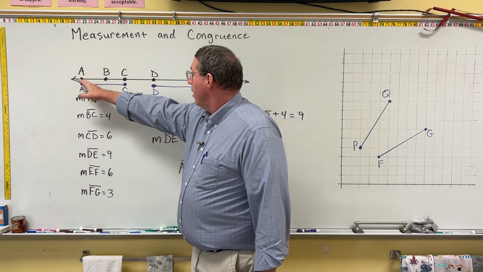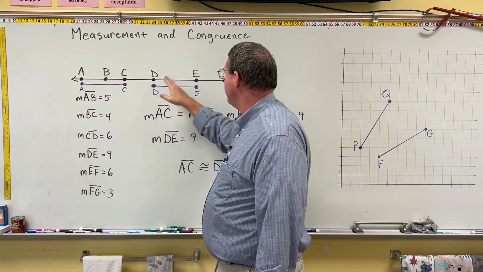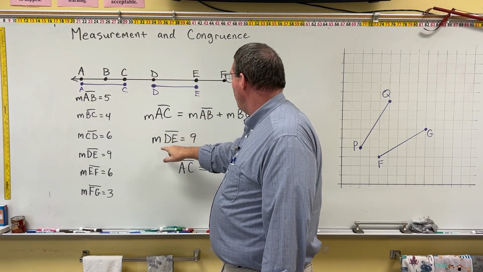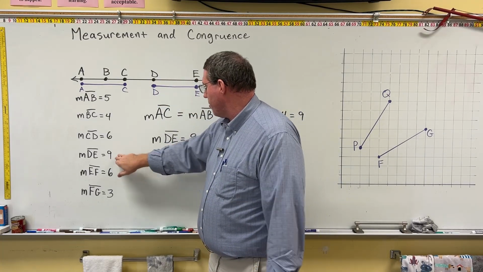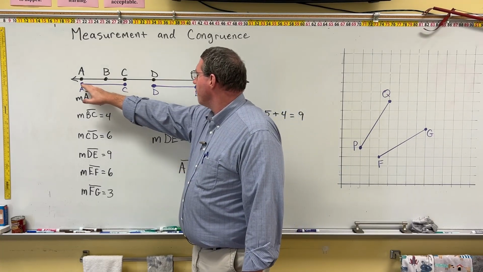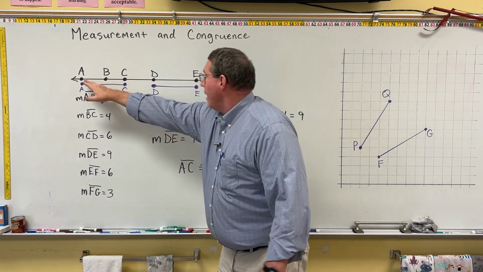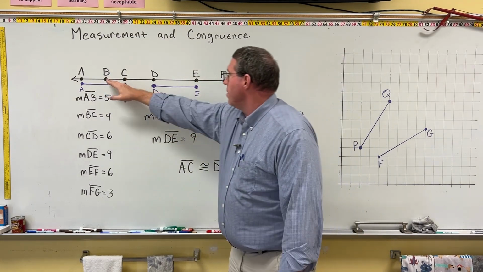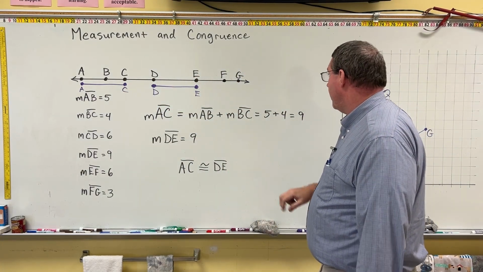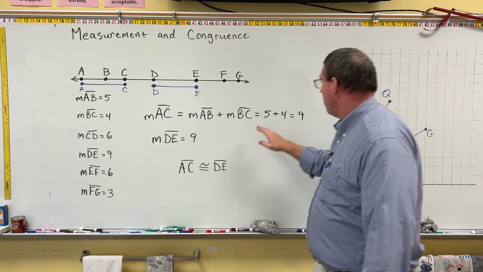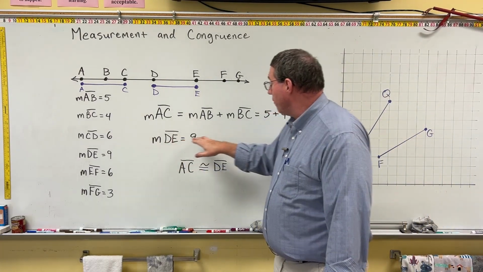So here's a quick example. Here we have segment AC, and here we have segment DE. We know that the measure of segment DE is 9, because it says it right here. But the measure of segment AC is equal to the measure of AB plus the measure of BC, because of the segment addition postulate. And that's going to be 5 plus 4, which is 9, which is equal to the measure of DE.